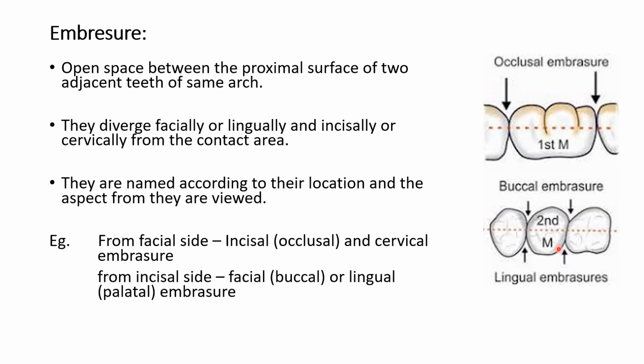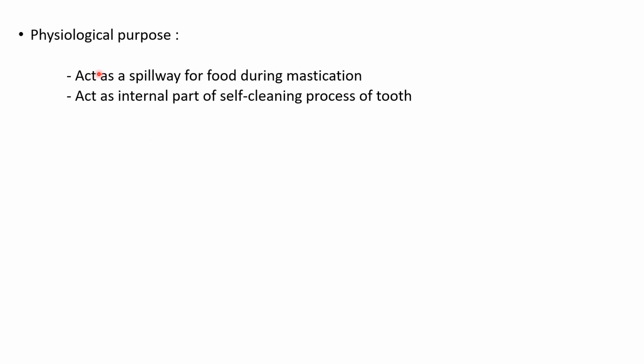The embrasure is a part of the interproximal spaces, but interproximal spaces are considered only from the contact area to the cervical line. Embrasures can be occlusal, cervical, buccal and lingual, so triangular spaces are present from all aspects of the tooth.